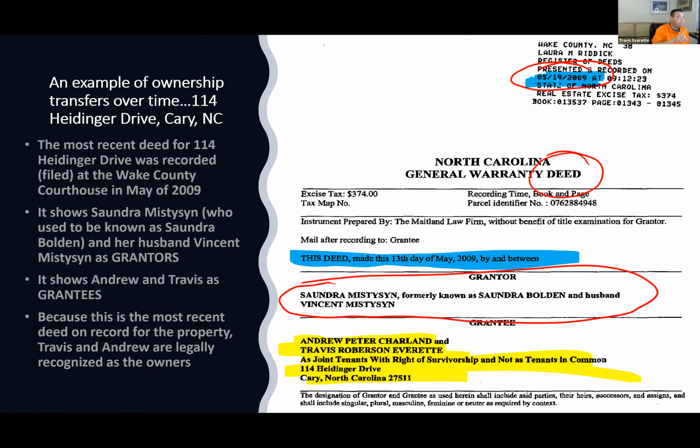That's correct. But who is the public going to think owns that property? If you had asked somebody at the courthouse on May 17th of 2009 who owned the property, what would their answer have been? Sandra and Vincent. If you had called the police because Drew and I were moving into the house on May 17th, saying I don't know who these two dudes are that are moving in, would the police have charged us with trespassing if they had shown up on May 17th?